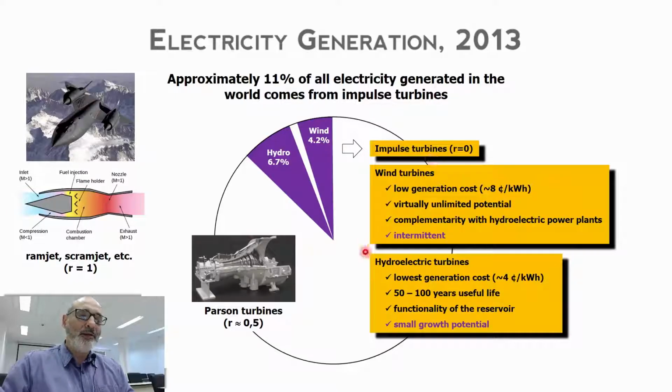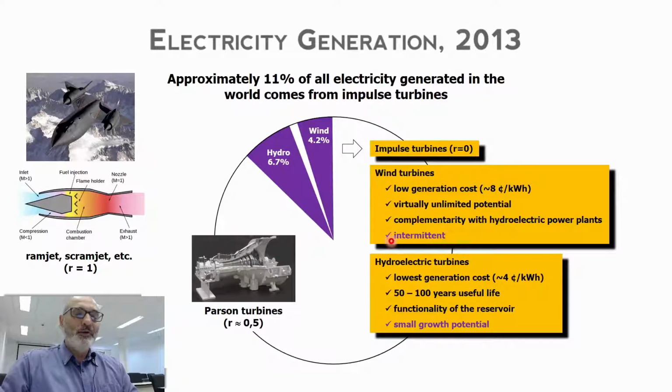Some important characteristics are given here. Regarding wind turbines, the generation cost is very low, 8 cents per kilowatt hour, okay. In the case of wind, the potential is virtually unlimited, as I'm going to show you in a few moments. So the potential for growth is virtually unlimited, and it has complementarity with other types of energy generation, especially with hydroelectricity, okay.